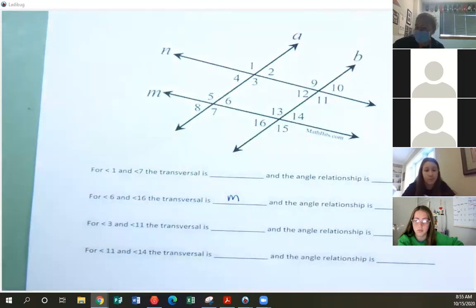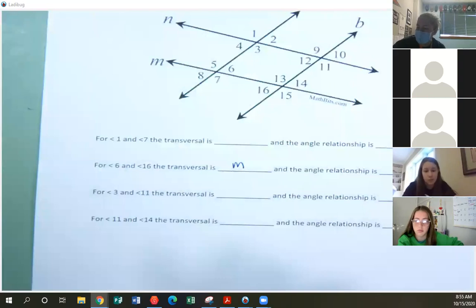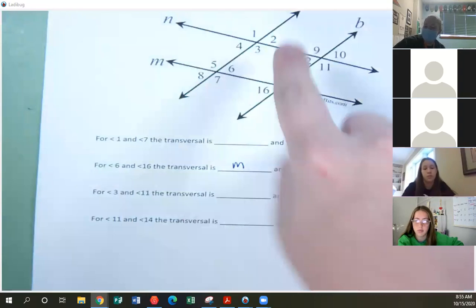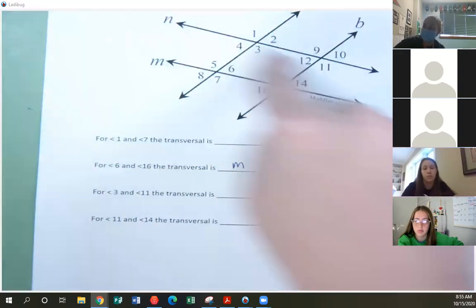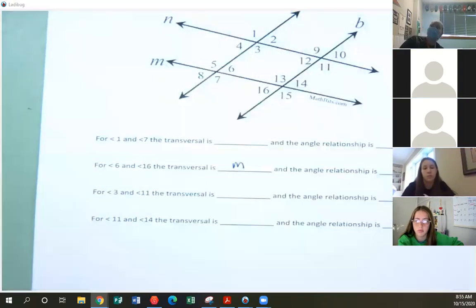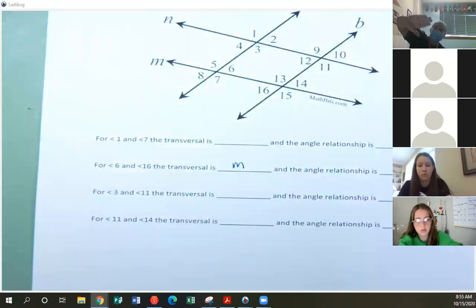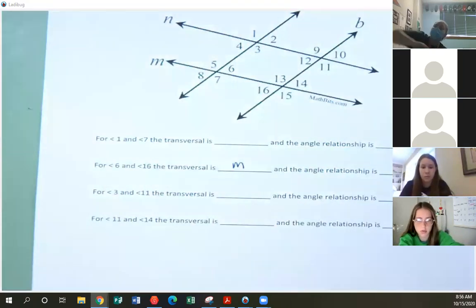Okay, 3 and 11. The transversal right here is N. Yes, somebody already answered it. What is the angle pair? This is the one that kind of messes people up sometimes. If you have a hard time looking at it, cover it up and make sure you're only looking at 3 and 11.